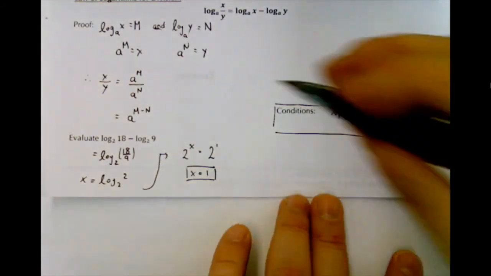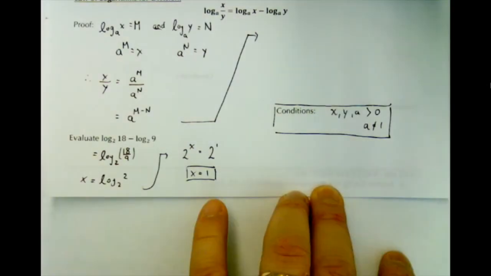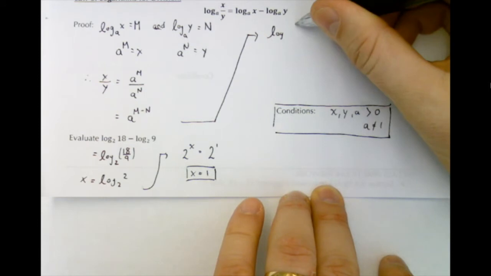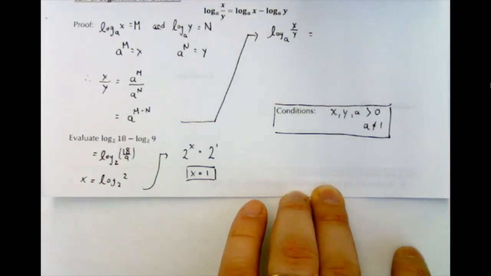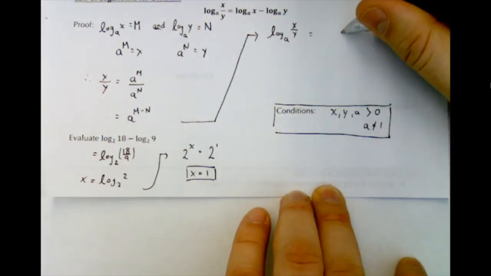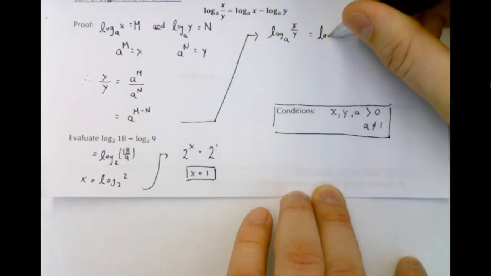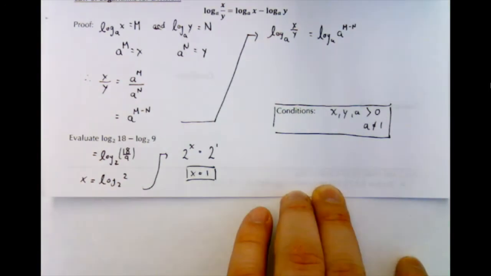If we look at the left side of our law, we have the log of x divided by y base a. What's x divided by y? Well, we just wrote a statement. It's a to the exponent m minus n. So if we replace x divided by y with a to the exponent m minus n inside the logarithm, we have our logarithm.